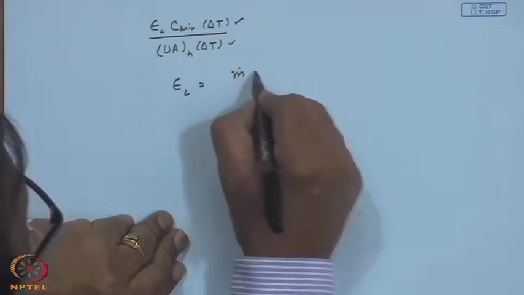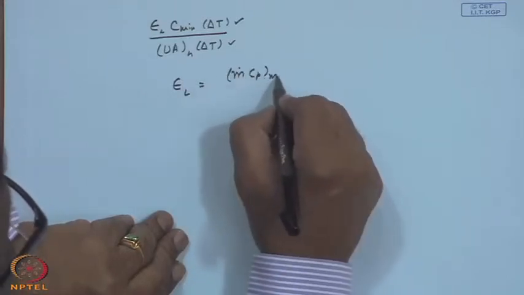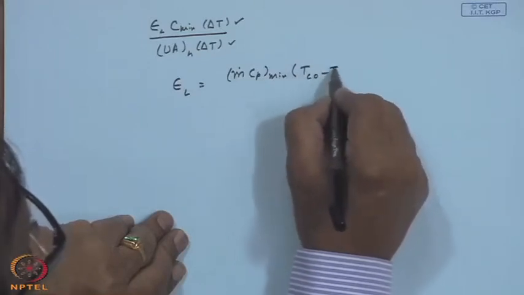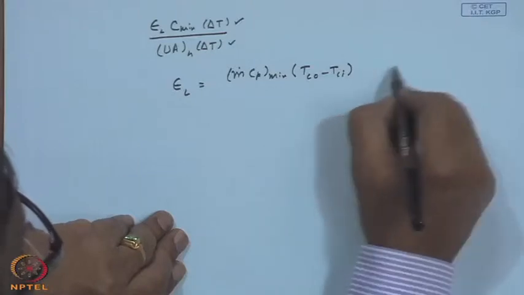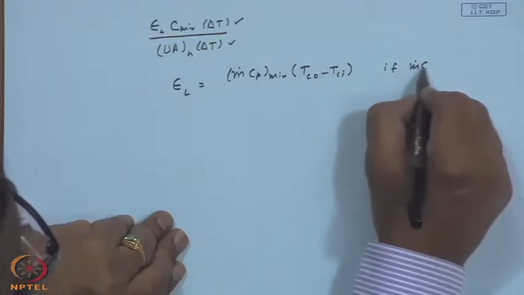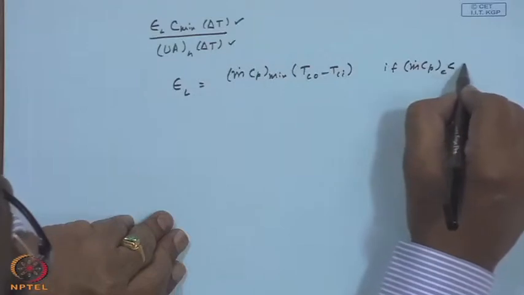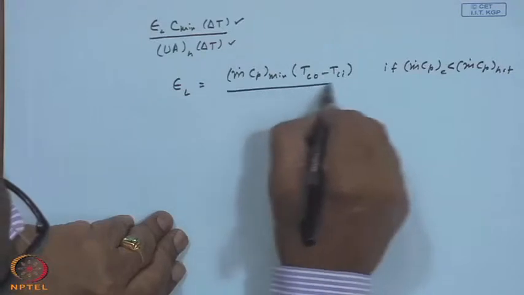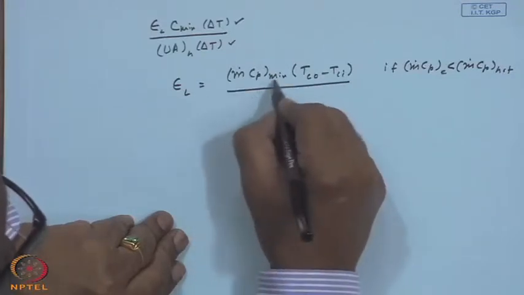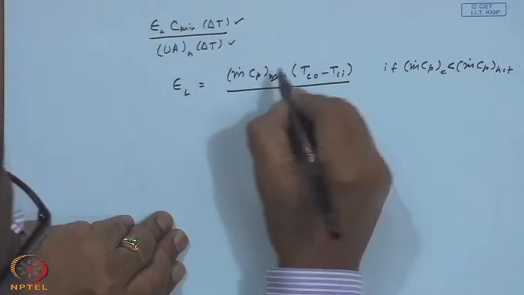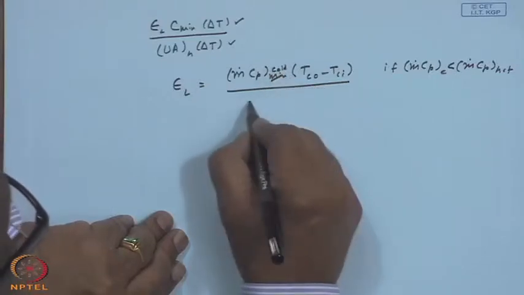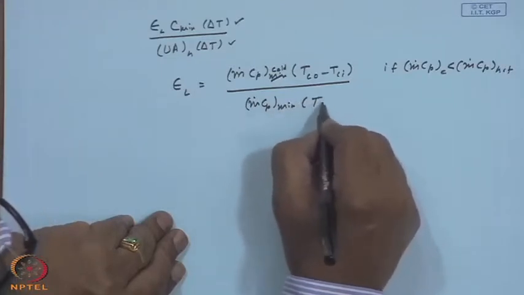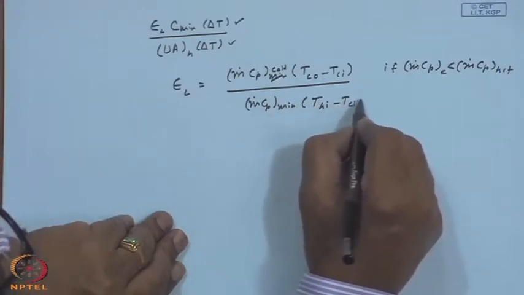This can be written as m dot C p minimum times T CO minus T CI, if m dot C p of the cold is less than m dot C p of the hot. So, I can write this in fact as the cold by m dot C p minimum times T HI minus T CI.